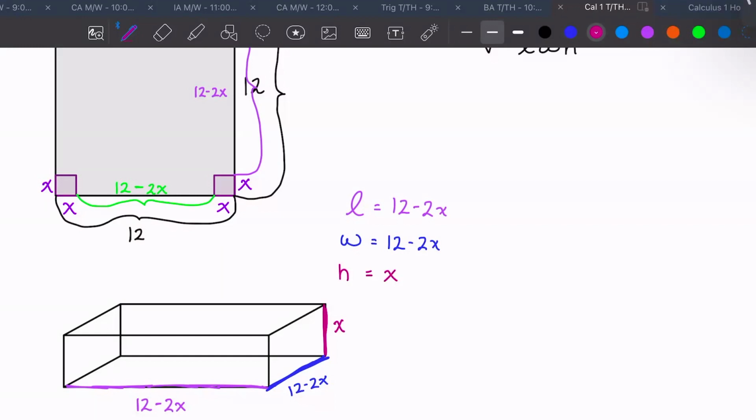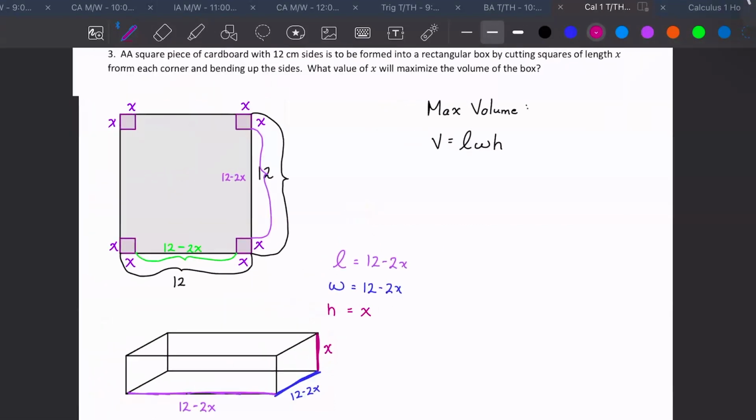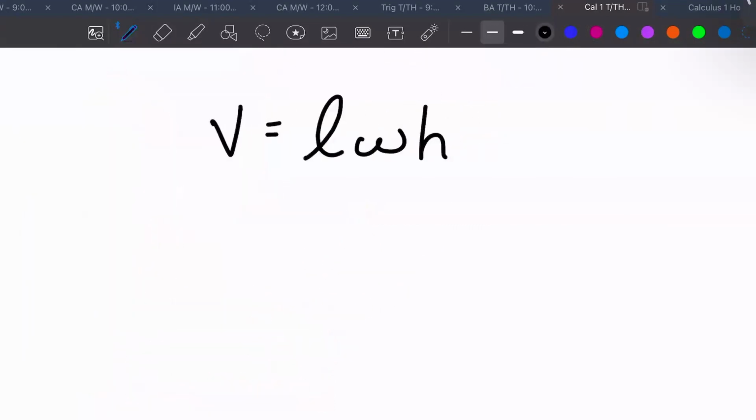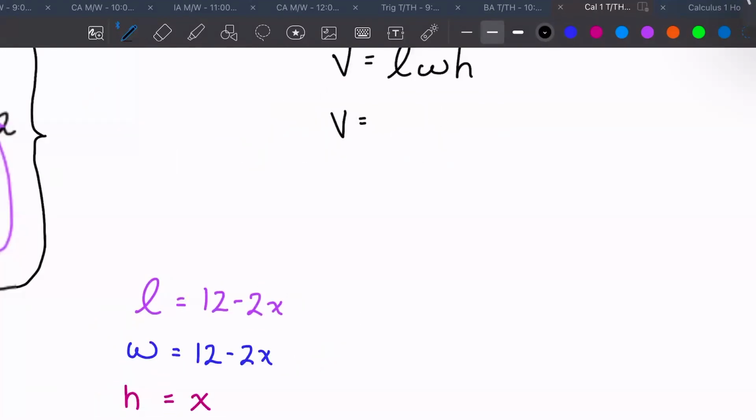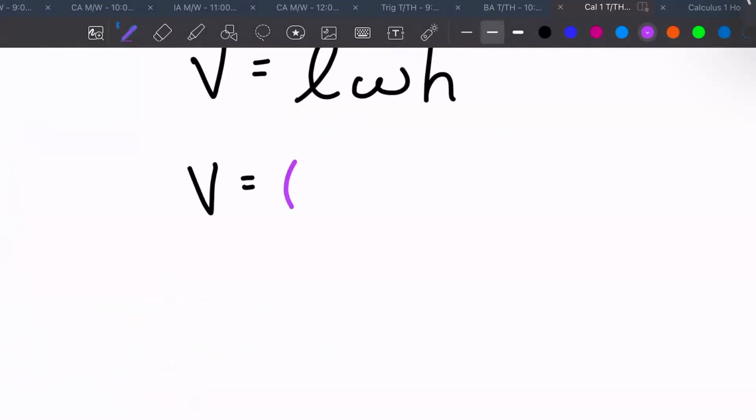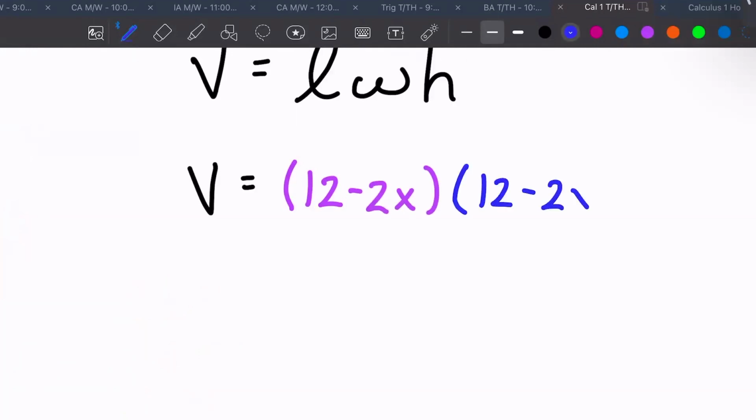So if we substituted all that in, we would just be dealing with which variable? X, which is great. Perfect. Okay. So let's substitute all that in. My length, 12 minus 2x. My width, 12 minus 2x. My height was x.